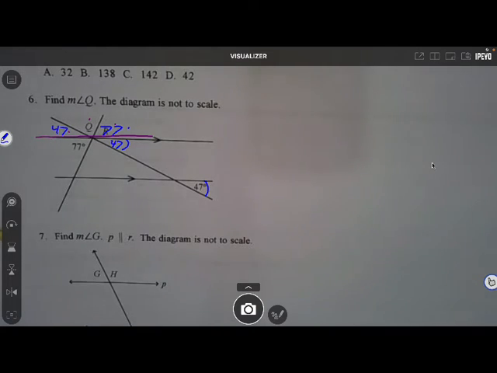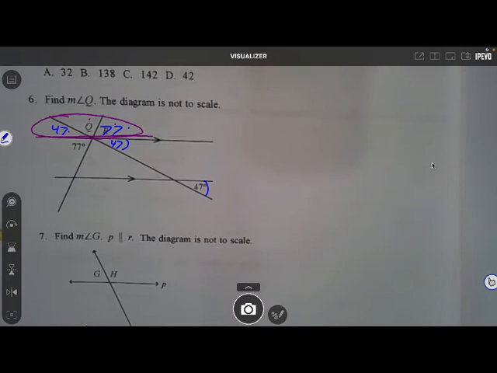124. Oh, wait. No. 146. For number 6, I got 56. We don't understand that, or we do? I do. These 3 angles should add to 180. Just in your calculator, 180 minus 77 minus 47, and it should give you 56.